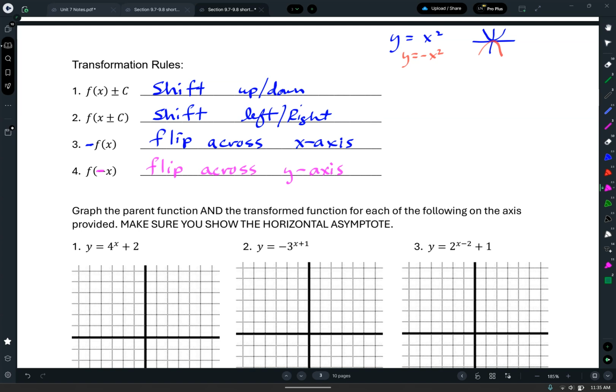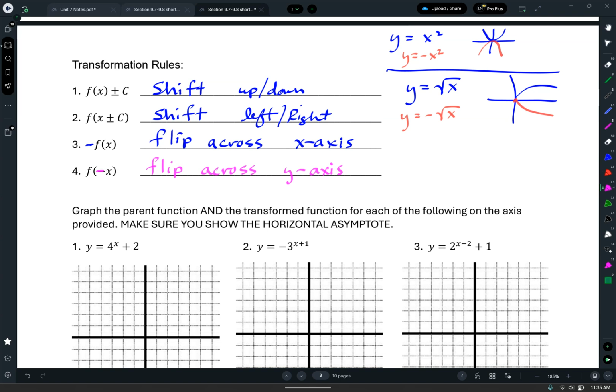I think we talked about that when we did the square root graph. Right back in the day, we learned the square root graph is something like that. If we had put the negative out in front, we know that's going to flip it across the x-axis.